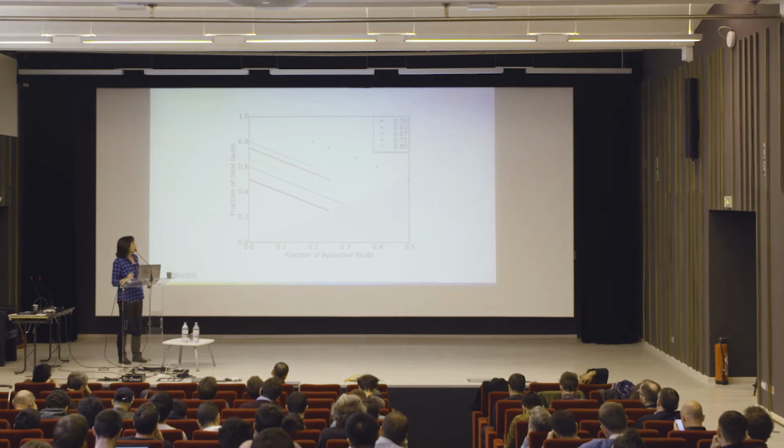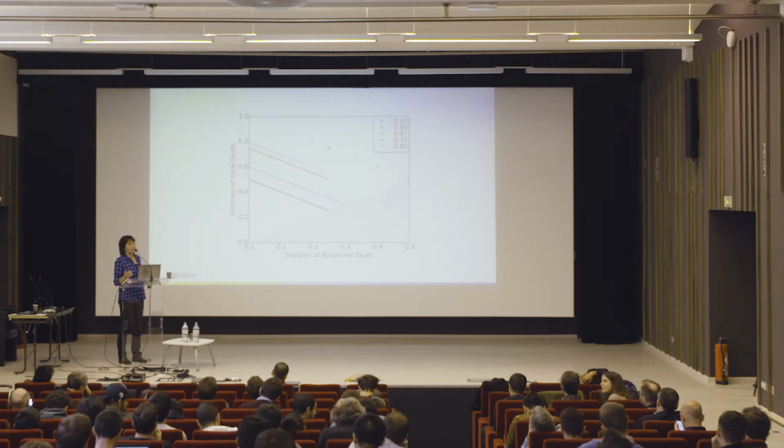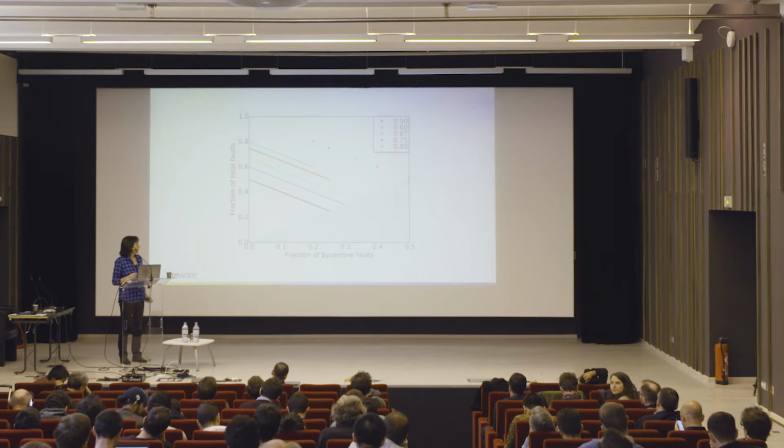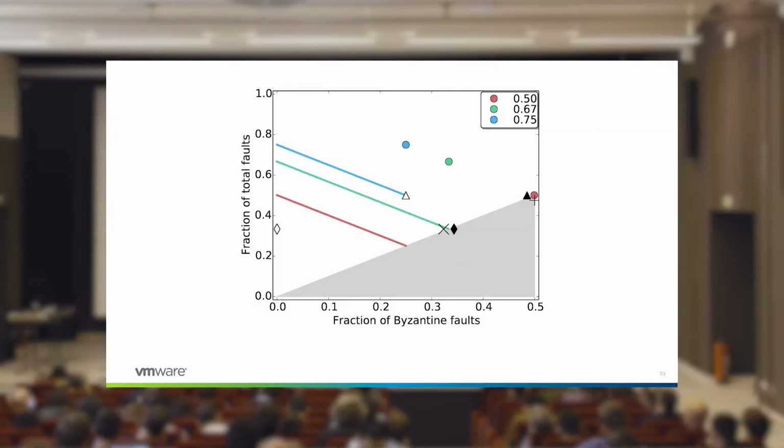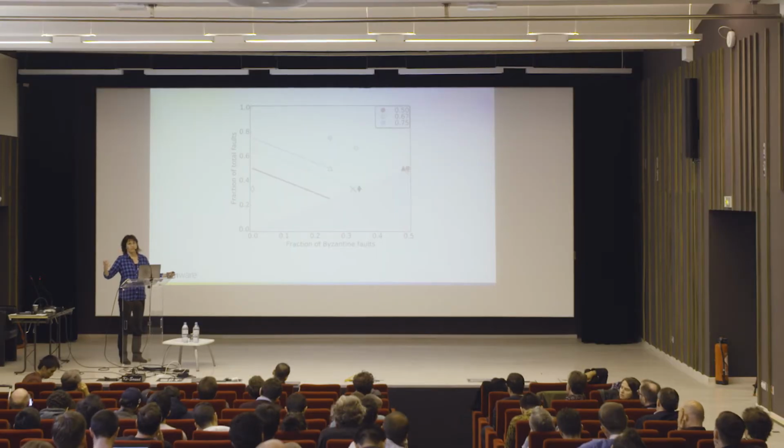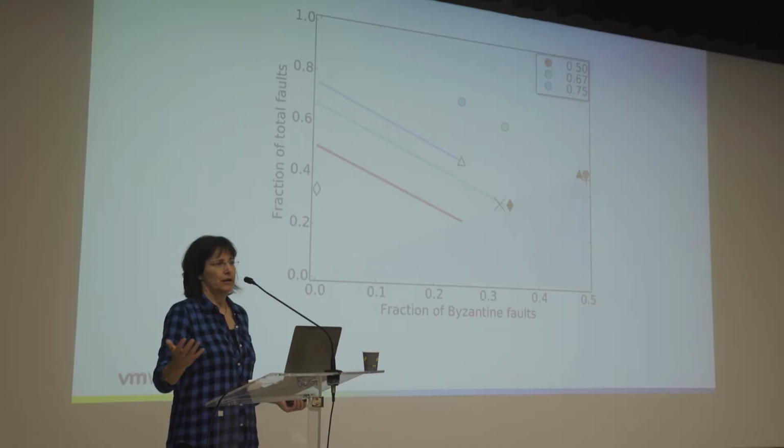So these are the points that you get for synchronous tolerance for different choices of Q. And these are the curves, the trade-offs between Byzantine and ABCs that you get for synchronous solutions. Kind of the same curve now with a few of the classical results that we know about depicted as a single point. So what we get is a range where the designer and the client can choose their assumption level.